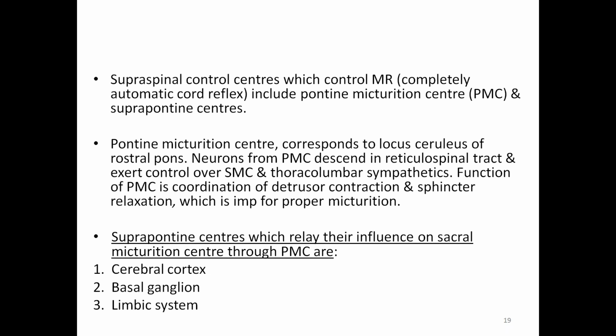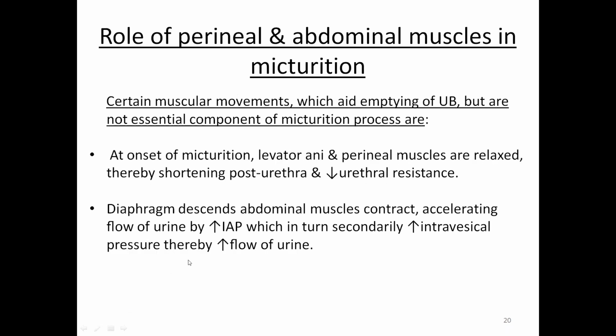Okay, and the suprapontine centers which relay their influence on the sacral micturition center are the cerebral cortex, the basal ganglia, and the limbic system. And then, what is the role of perineal and abdominal muscles in micturition? Certain muscle movements aid the emptying of the bladder, but they are not essential components of the micturition process.